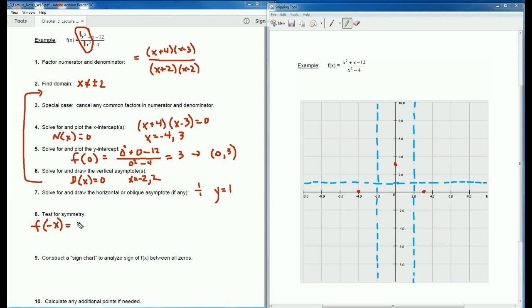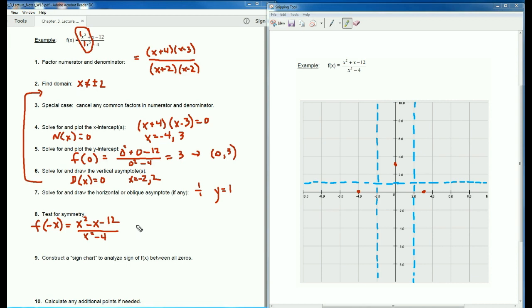I won't go through the whole thing, but we're basically going to end up with x squared minus x minus 12 over x squared minus 4.